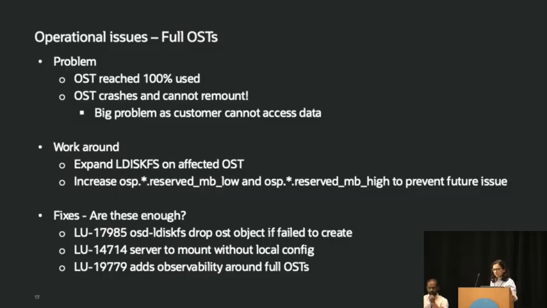And with that, they hit a kernel bug, they hit a Lustre bug, again on the 2.15.5 LTS version. They hit a Lustre bug that basically crashed some of the OSS nodes where these full OSTs were mounted.